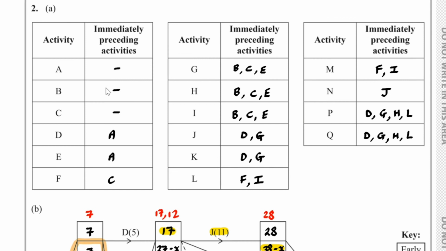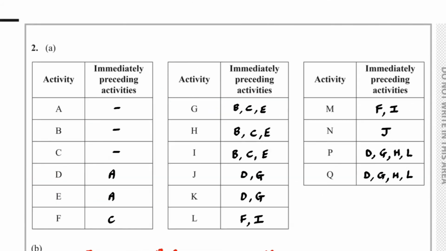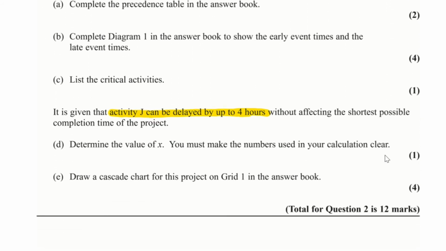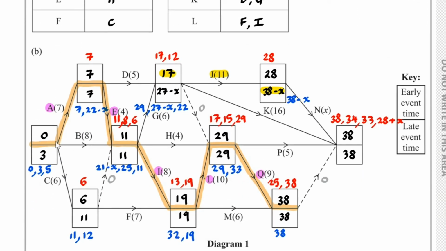Now we need to add on activities B and C. We also need to show their float times. So if I take a look at activity B, the float time here, well, if we go back to the question, we have to draw a cascade chart, and we have to start off at the earliest time.